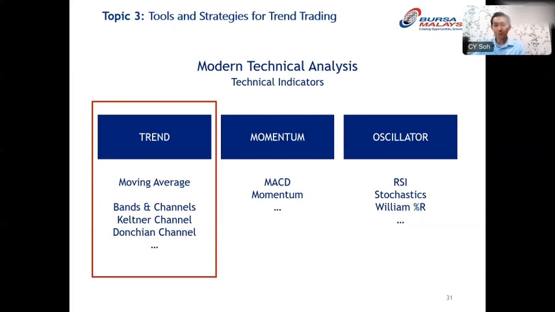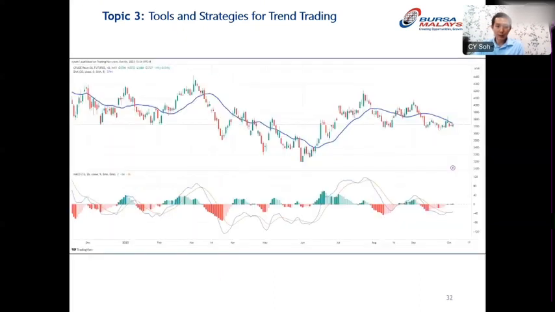How do you know whether the indicator that you're using is a trend indicator or not? Now here is a typical chart that we are going to use. Here I've already pulled out some indicators. On the chart itself, we have moving average, and at the bottom of the chart, we have MACD.